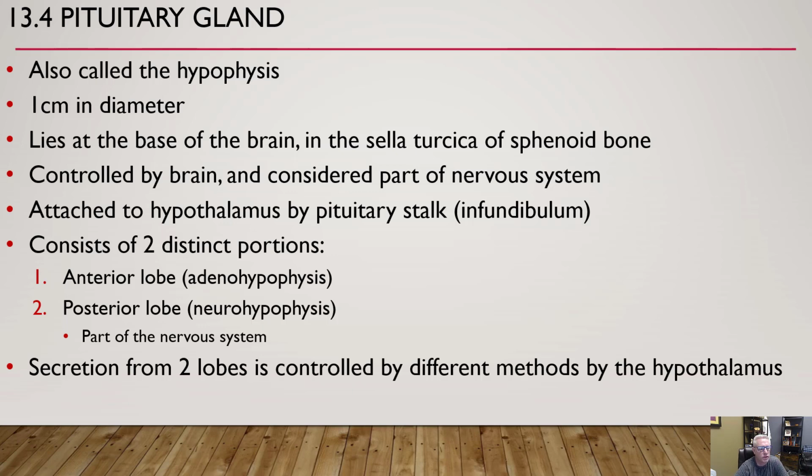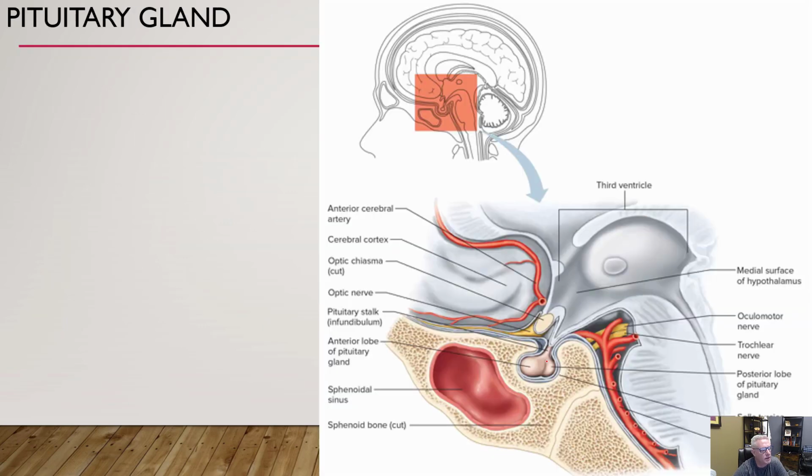So when we look at the structure of the pituitary gland, you can see it right here. There's this thing called an infundibulum. It's like the stalk of the pituitary gland.